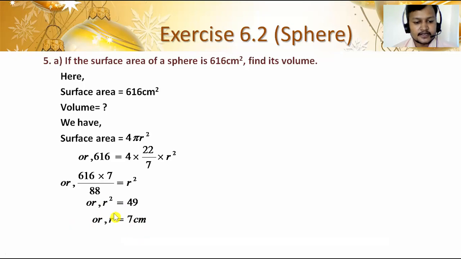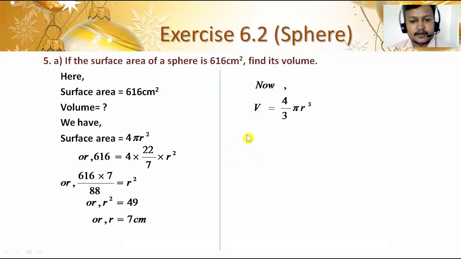Now if we know the radius of the sphere, we can calculate the volume easily. As I already said to you, I left question number 4 because in question number 4 we have to do up to here only. In number 4 it is only asked to calculate the radius or the diameter. So because of that we have to solve question number 4 up to here only, and there is more portion of it here, that is we have to find out the volume.